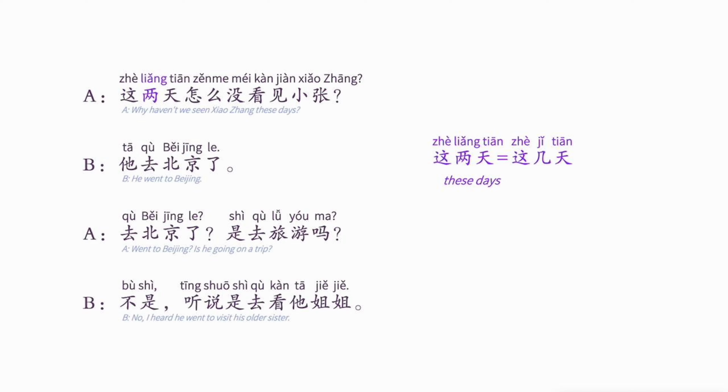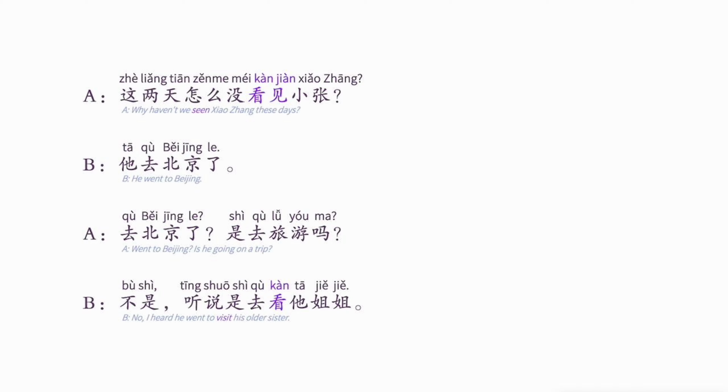It can be 3 days or even 4 days. 怎么没, why didn't? This one we mentioned in the last class. 怎么没 or 怎么不? 看见. Let's compare this 看见 with the last sentence. 不是听说是去看他姐姐. It's not "I heard"; 听说 means heard, and 去看 means go visit his sister.